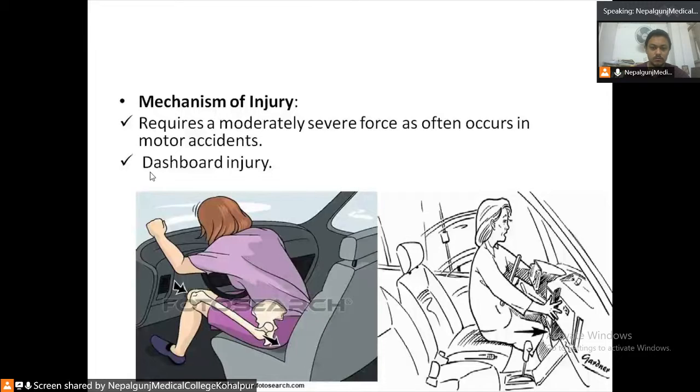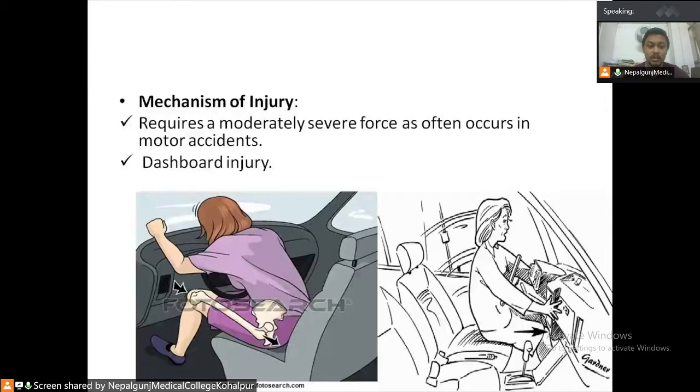So her knee gets struck against the dashboard and the force is directed over here and the dislocation of the hip occurs. So it's also known as a dashboard injury. So one of the mechanisms of posterior hip dislocation is a dashboard injury.